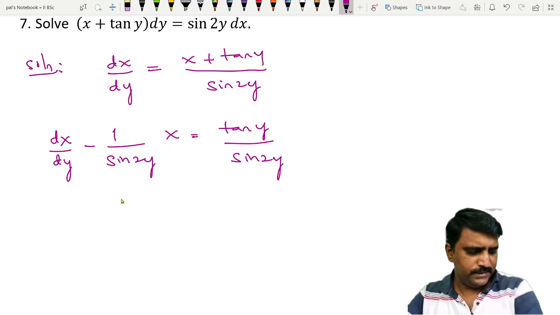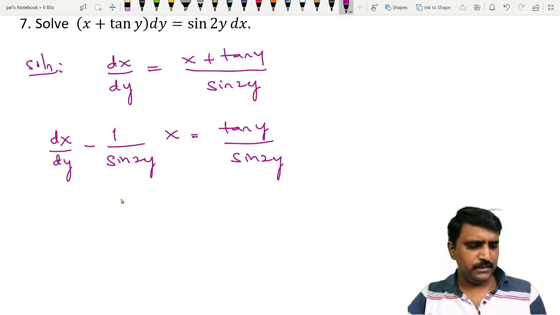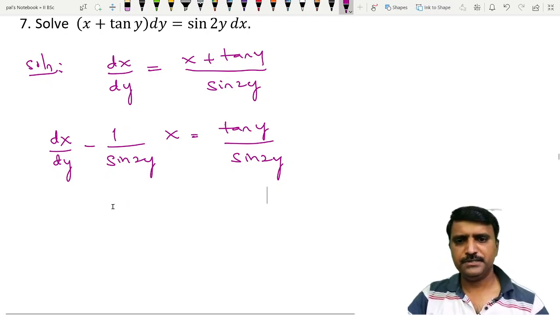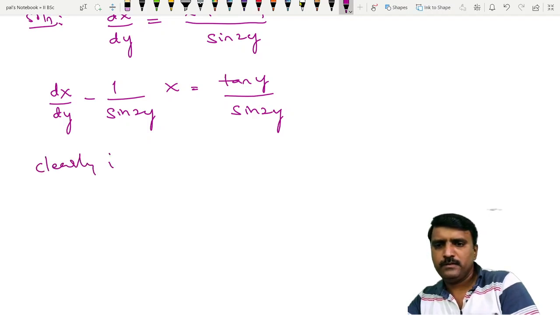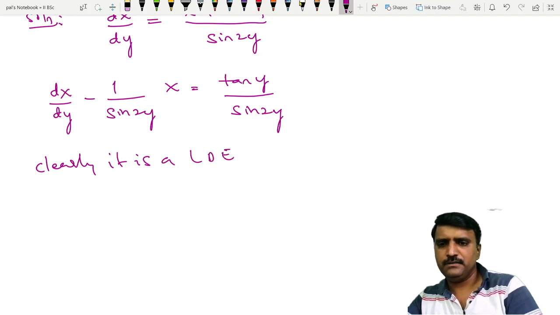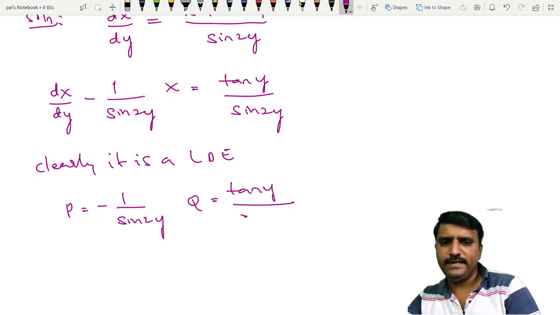Yes, clearly it is a linear differential equation. What is in place of p and q? P is minus 1 by sin 2y and q is tan y divided by sin 2y.